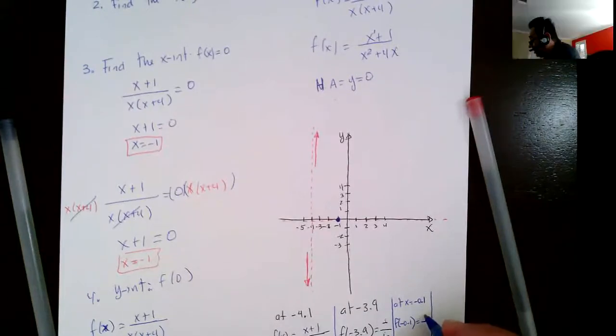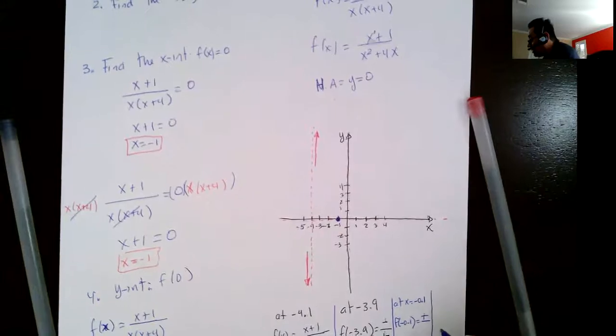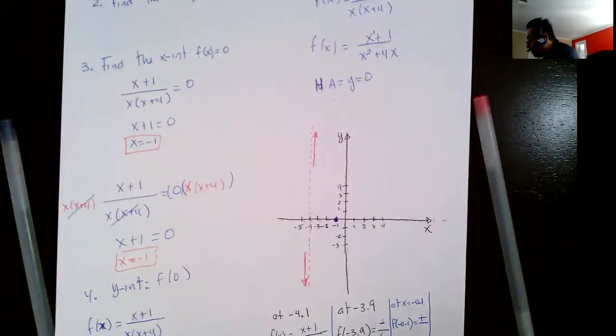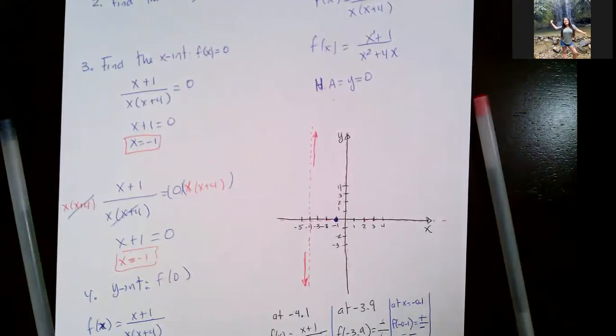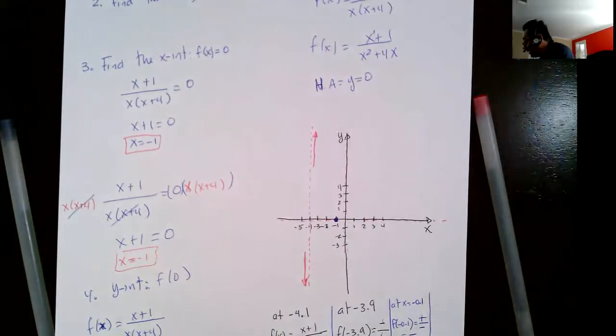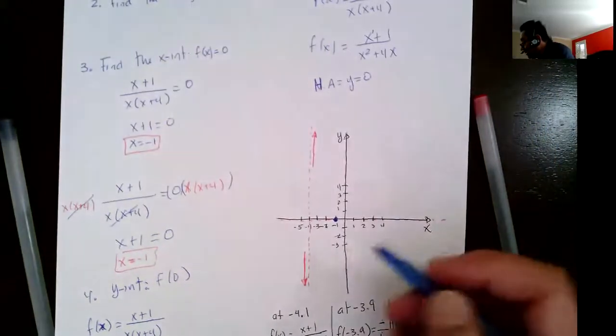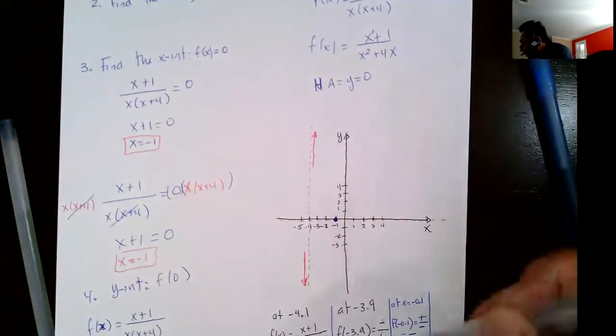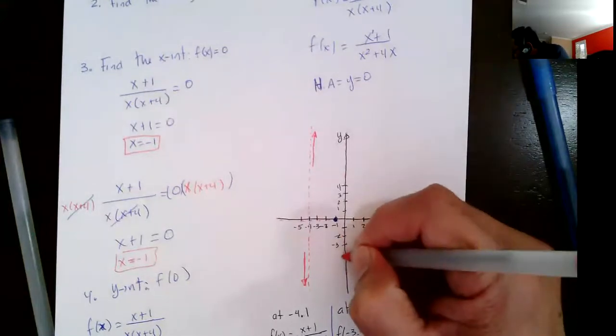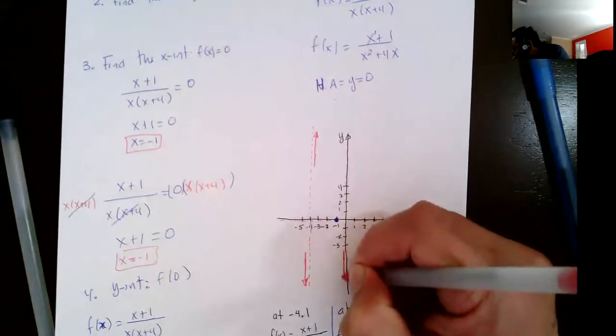Is that clear? That would be a positive. What about in the denominator? If we plug in negative 0.1 here, I get a positive here and a negative outside. That would be a negative, right? Yes. And that would be a negative overall, right? So here, on the left side of this vertical asymptote at x equals 0, since we have a negative, it's going to go down right here.